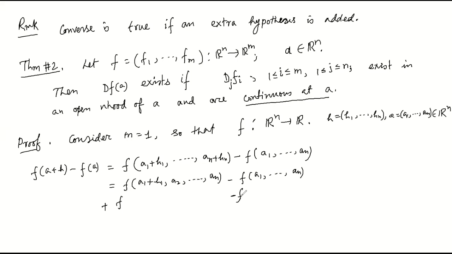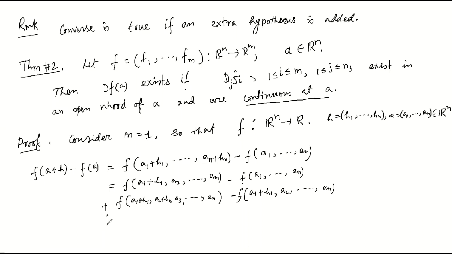So here we take minus f of a1 plus h1 comma a2 comma and so on an, and here we take a1 plus h1 comma a2 plus h2, then a3 and so on, last component an.